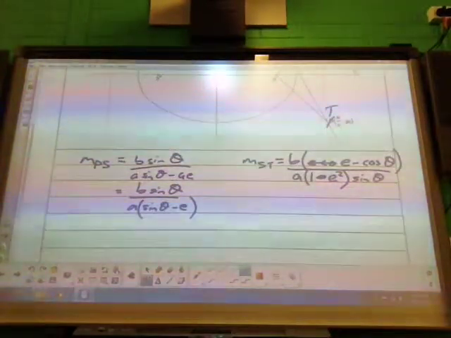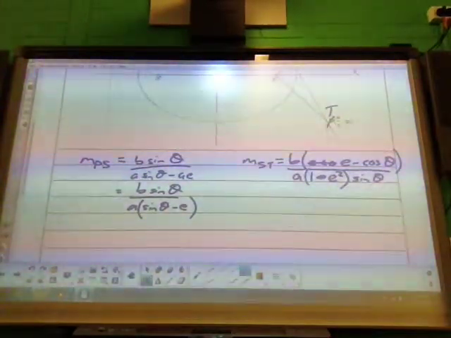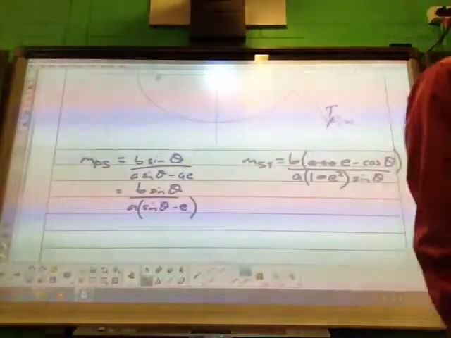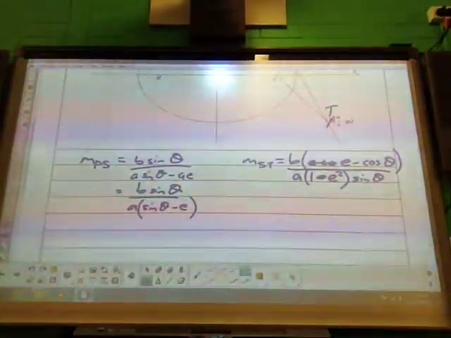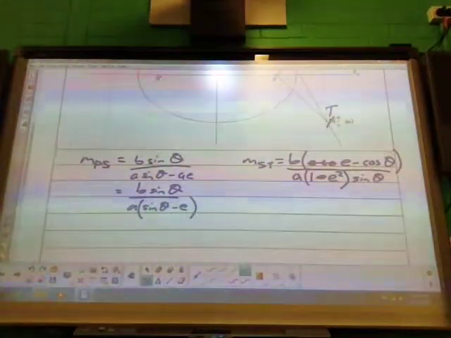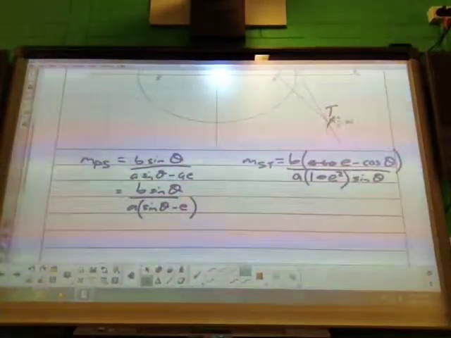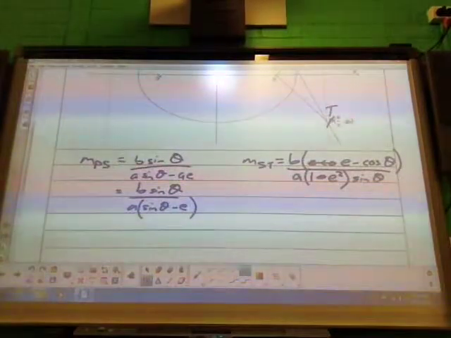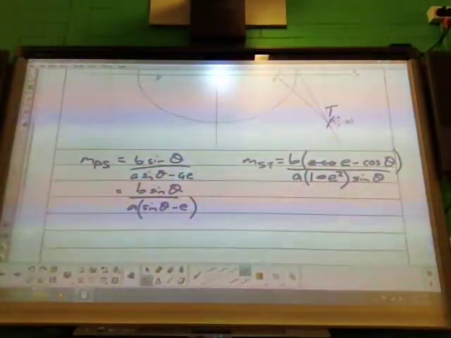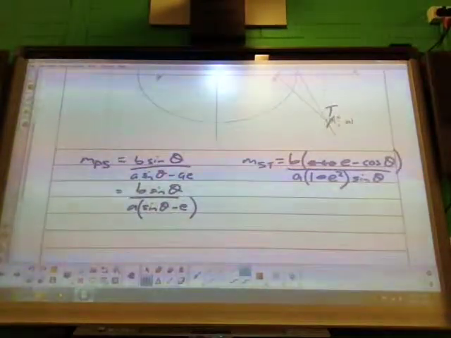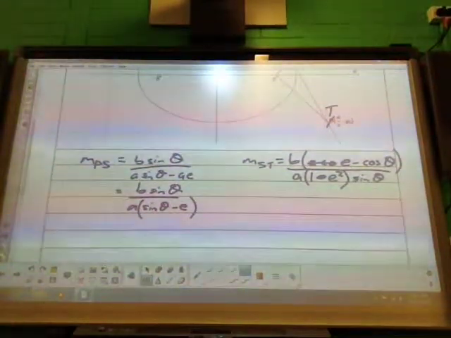Okay, so that 1 minus e squared is very familiar, isn't it? Okay, what's it from? So what else do I need there to have b squared? Well, b squared is equal to a squared outside of 1 minus e squared, isn't it? Yeah, so I've only got a.